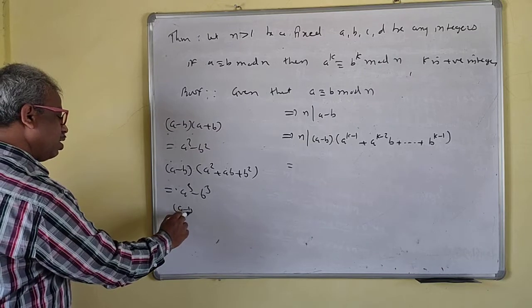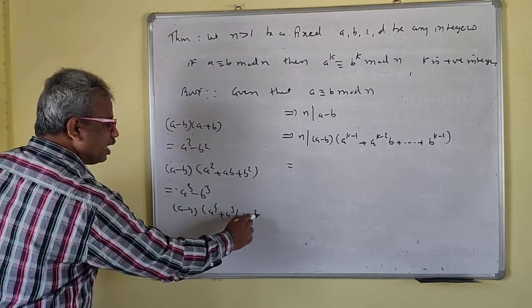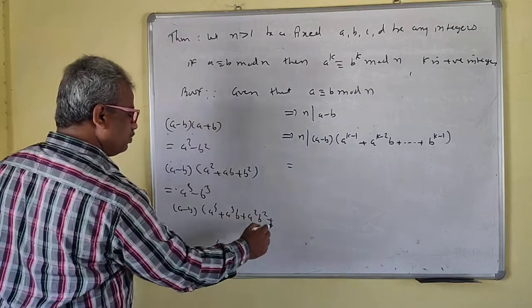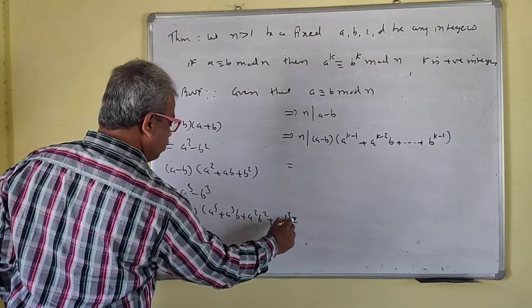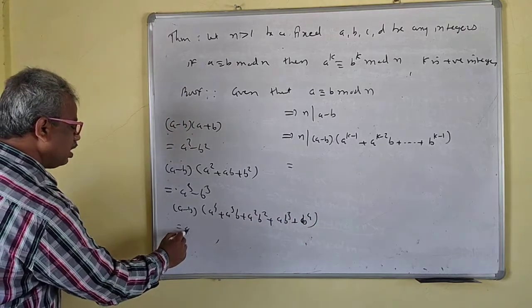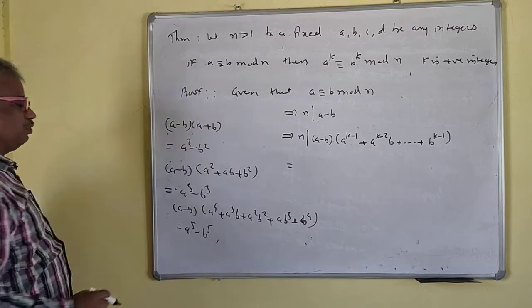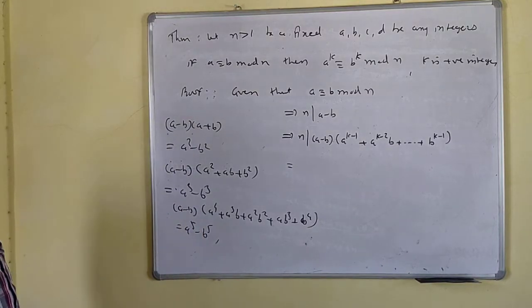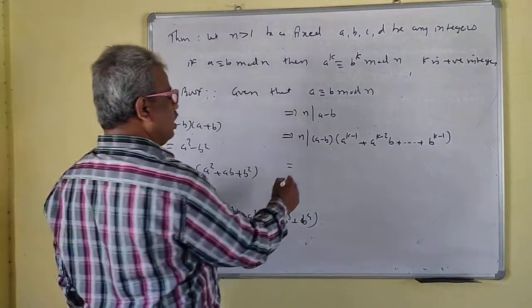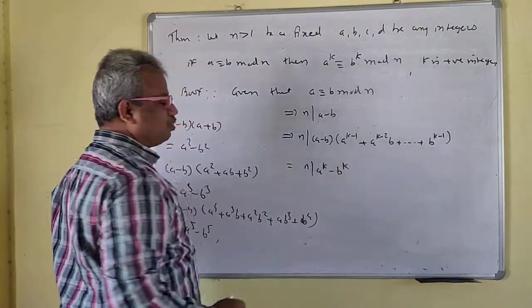A minus B times A raised to 4, A cubed B, A squared B squared, A B cubed, plus B raised to 4 is the same as A raised to 5 minus B raised to 5. The same thing here, so N divides A raised to K minus B raised to K.